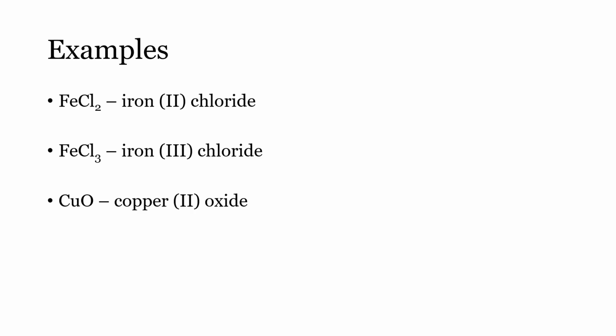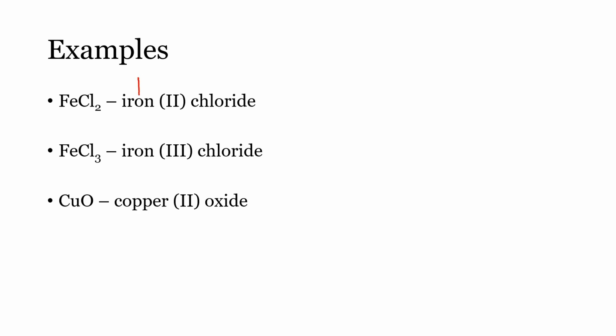In our first example, we have our FeCl2, which is going to be iron(II) chloride. And then in the next example, we have FeCl3, which is iron(III) chloride. How these are different is that the Roman numeral represents the charge of the metal.